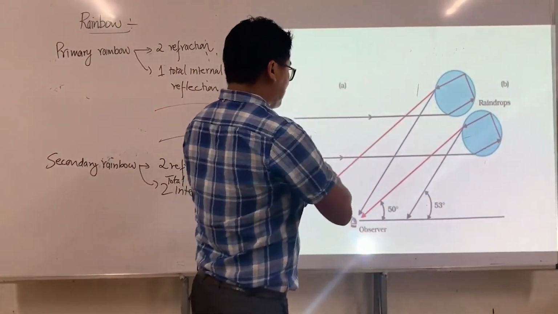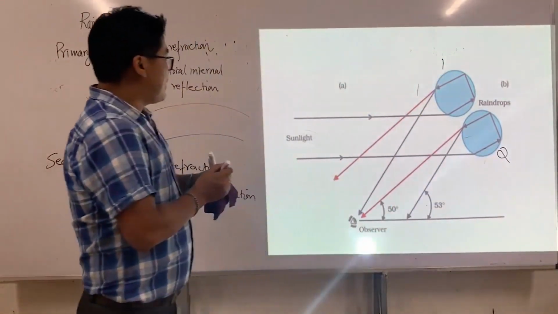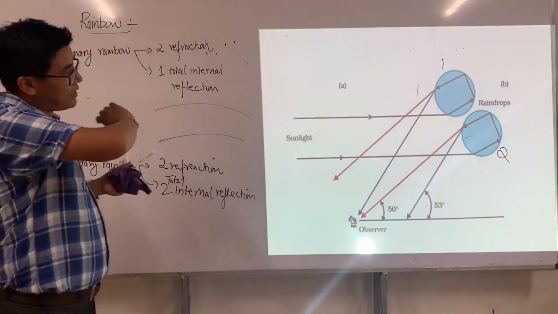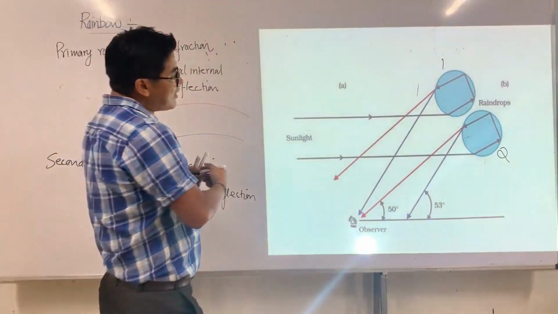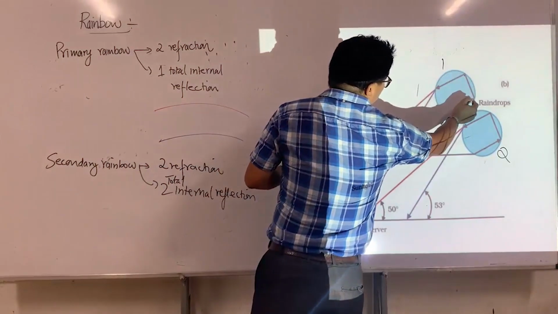Let's say this is the first drop, this is the second drop. This is the sunlight approaching the droplets of water, and it undergoes two total internal reflections.